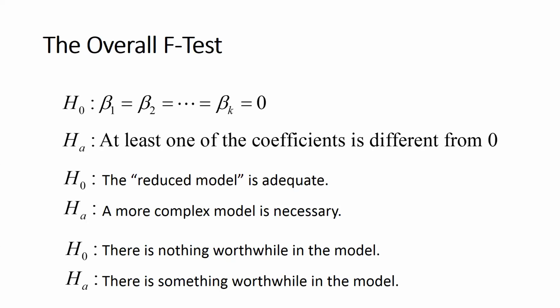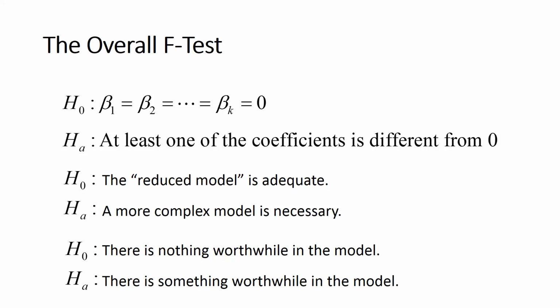So one extreme case of a reduced model would be to knock out all the x variables, and that's equivalent to all of those coefficients being equal to 0. The alternative hypothesis becomes that a more complex model is necessary, reflected here by the fact that at least one of the coefficients is different from 0.